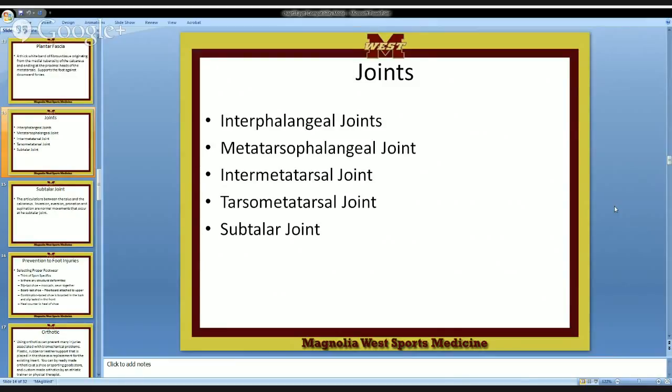Proximal. So your proximal interphalangeal joint, or they call it what? I just told you what this one was, right? Yeah, it's DIP and PIP.